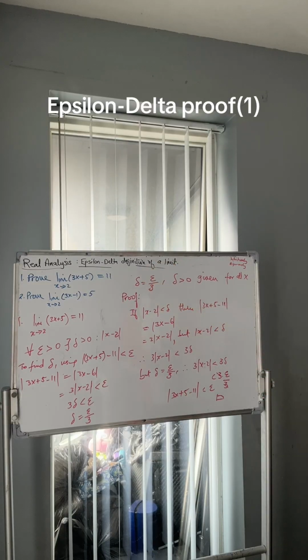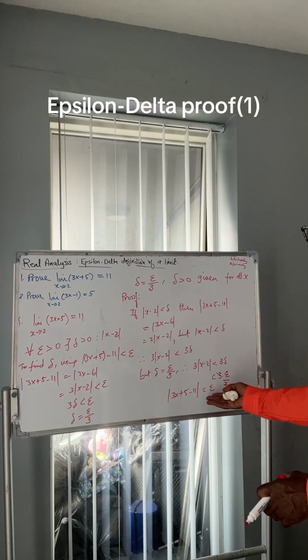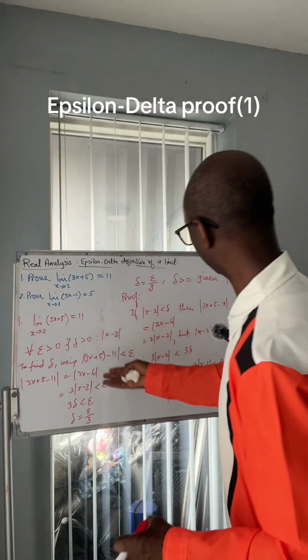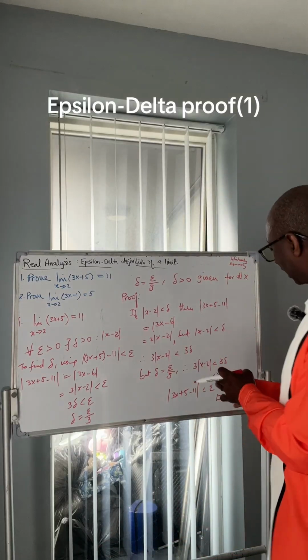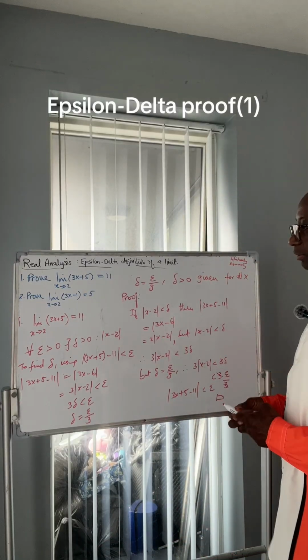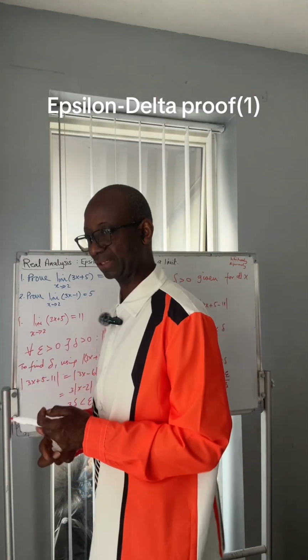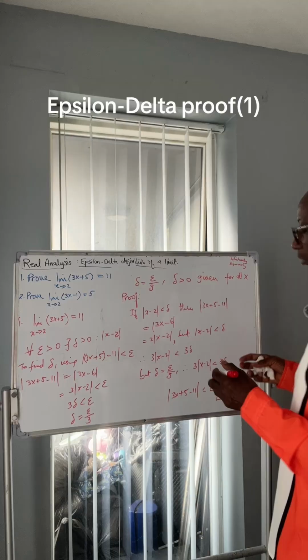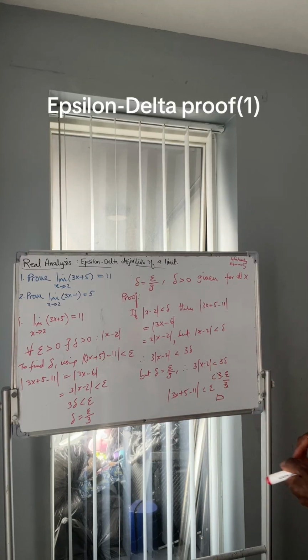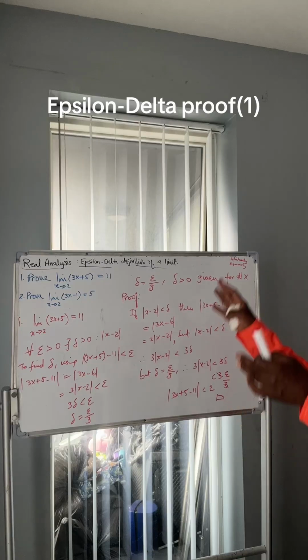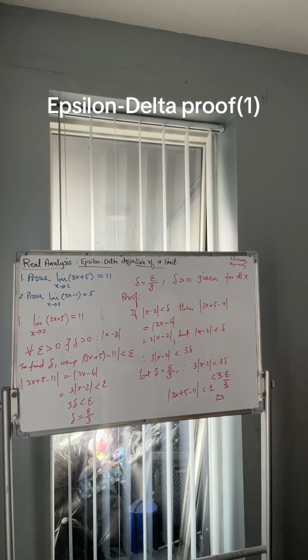So no matter how small you make epsilon, you can always get a value delta that will allow the limit to be within that range, plus or minus x plus delta and x minus delta. So that is where the proof ends. Thank you for watching.